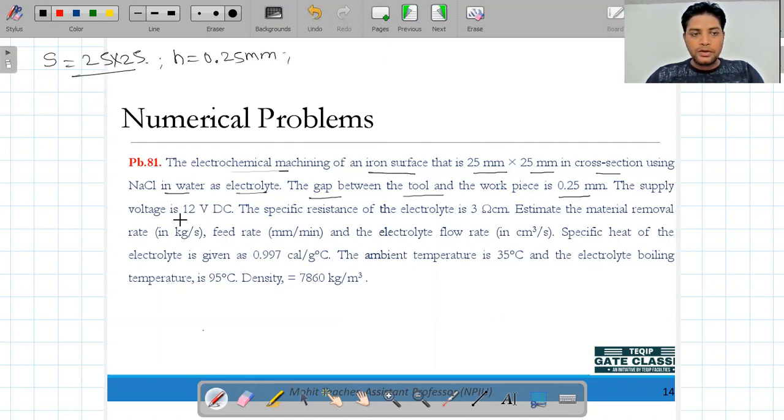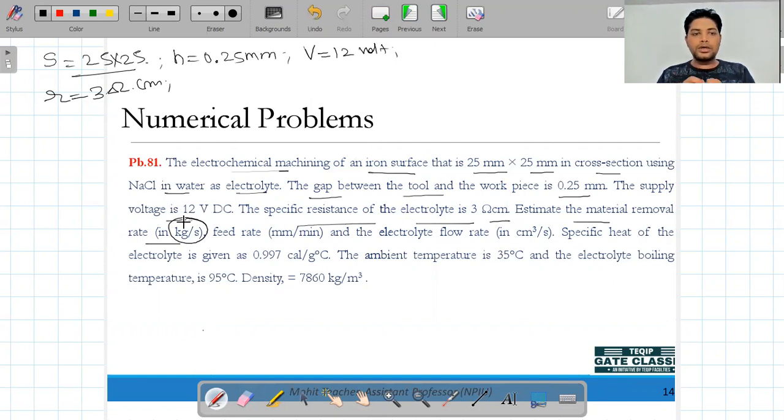The next is the voltage, the supply voltage is 12 volt DC, so the value of V is 12 volt. The specific resistance of the electrolyte is 3 ohm into centimeter, so the value of small r is given to you, that is 3 ohm into centimeter. Estimate the material removal rate in kg per second.